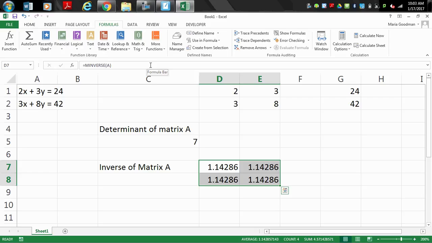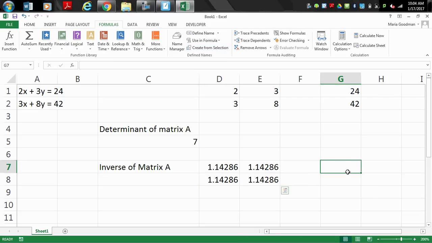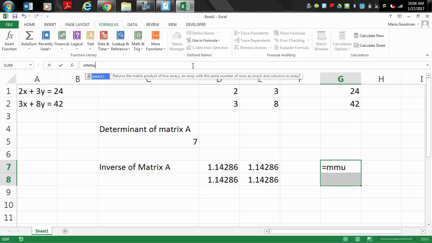Then you take the inverse of matrix A. It is a 2 by 2, and you multiply it by matrix B, which is a 2 by 1. So your answer is going to be a 2 by 1. So equals MMULT, we're going to multiply. Whoops, I forgot to name. Got to name your inverse.